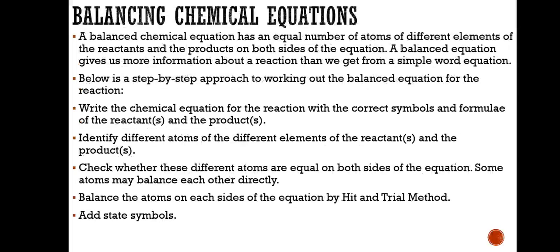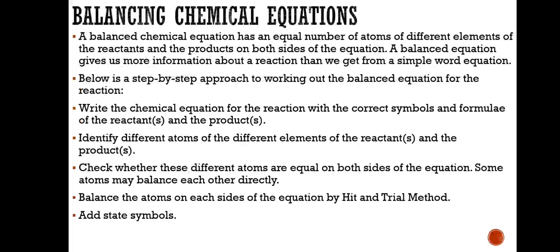The first step is to write the chemical equation for the reaction with the correct symbols and formulas of the reactants and the products. The second step is to identify the different atoms of the different elements in the reactants and the products. The third is to check whether these different atoms are equal on both sides of the equation.